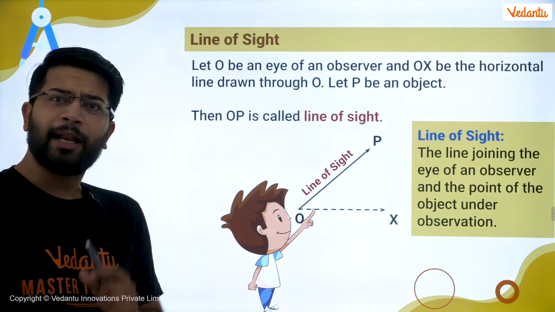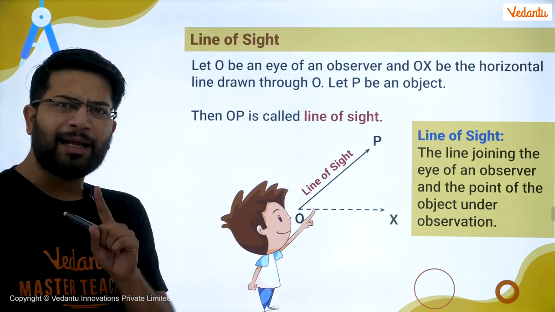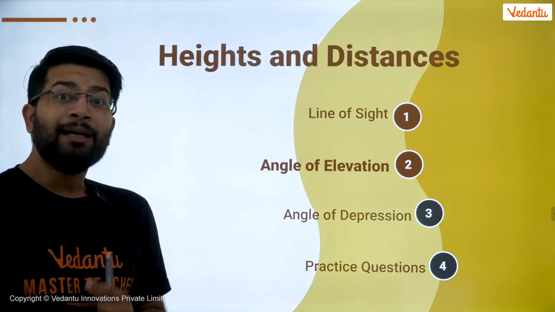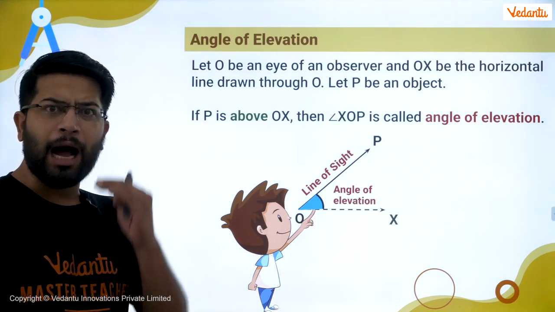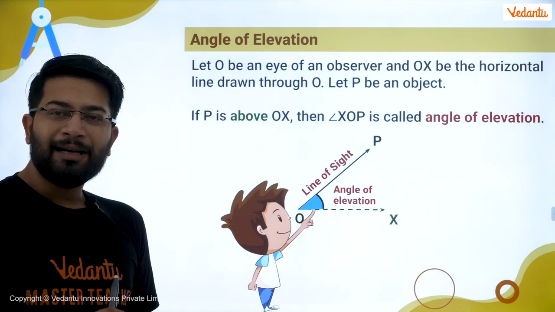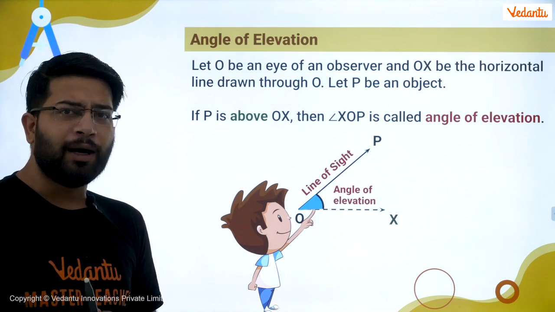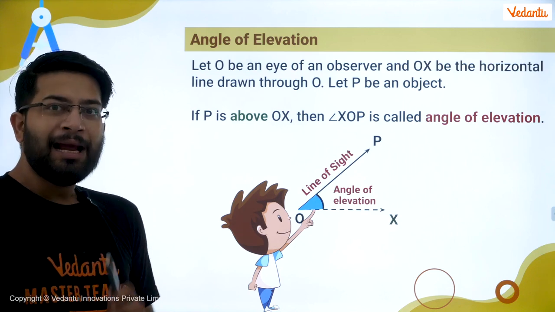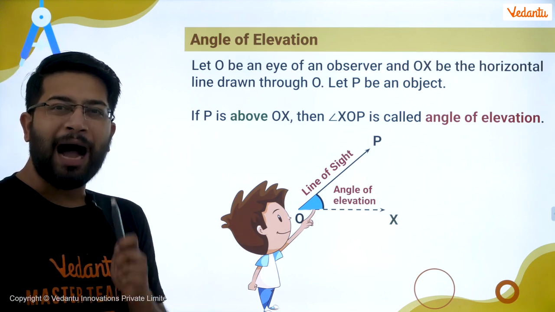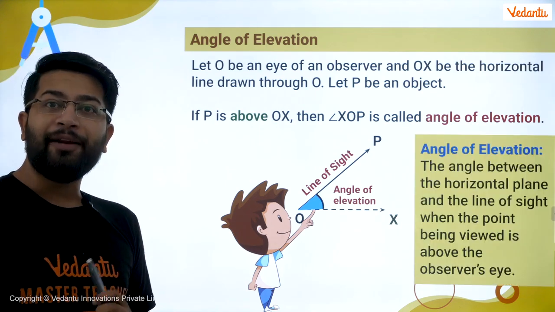So we can say the line joining the eye of an observer and the object is the line of sight. Now let's say my object is above the observer. If in a particular case my object is above the observer, then the angle between the line of sight and the horizontal line through the eye of the observer will be known as the angle of elevation.